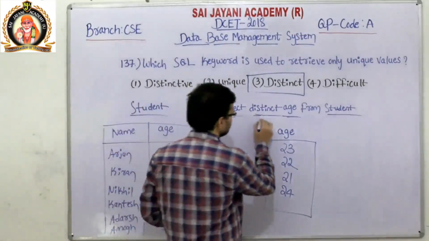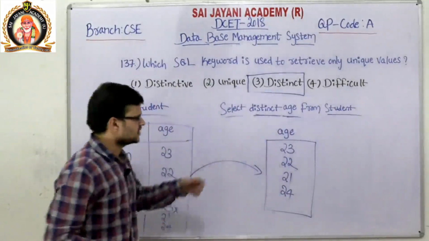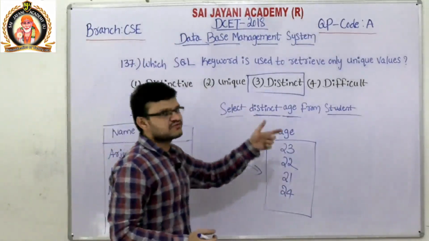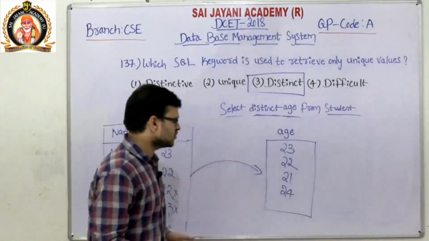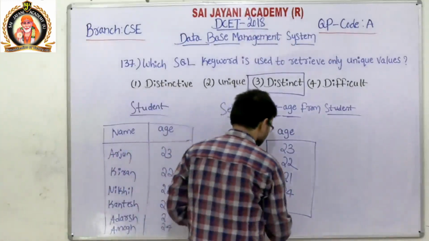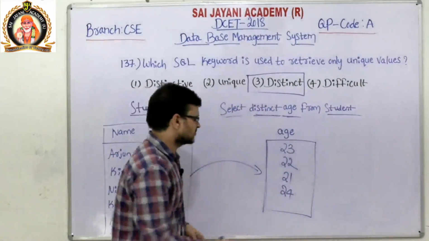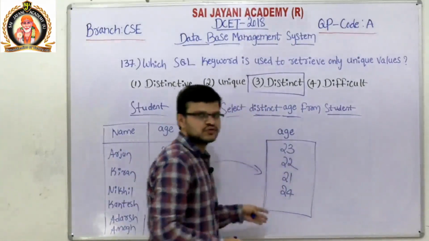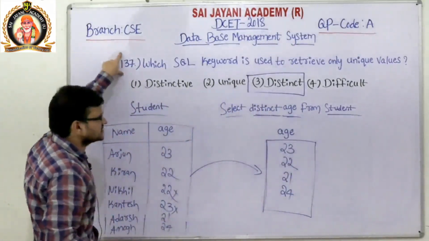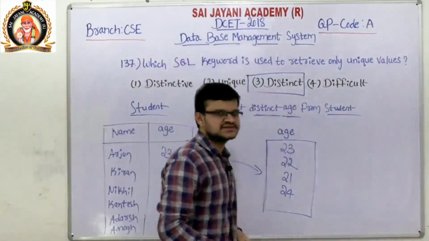Distinct means it only retrieves the unique or distinct values. So at the output we got 23, 22, 21, and 24 only. For question number 137, the third option, distinct, is the right answer.